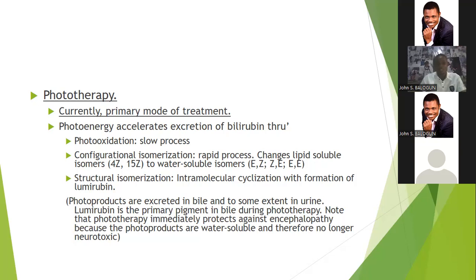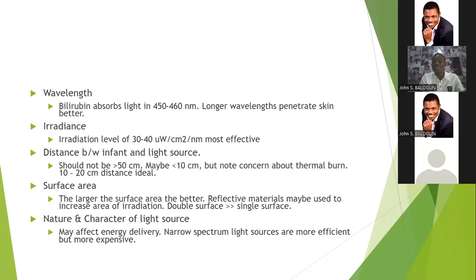But remember, it's majorly two: photooxidation and photoisomerization. Then the photoisomerization is divided into configurational isomerization and structural isomerization. So the essence of all of this is that bilirubin is being converted to a form that can be easily excreted in urine. So that is the summary of how phototherapy works.